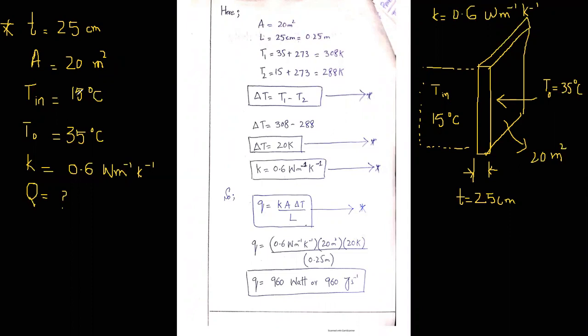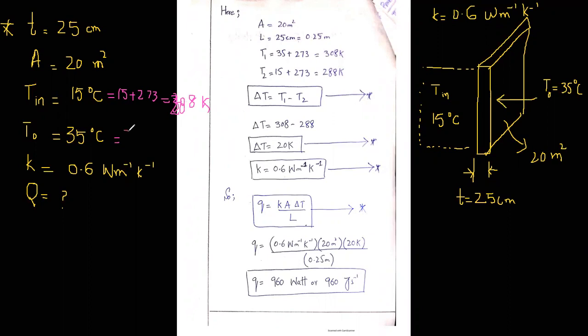Then T in is 15 degrees Celsius. We have to convert into Kelvin, so 15 plus 273 equals 288 Kelvin.